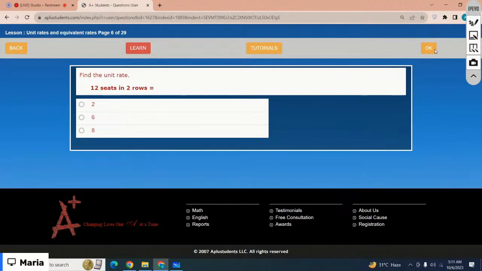Yes, very good. That would be 6 seats in one row. The correct option is 6 seats in one row.